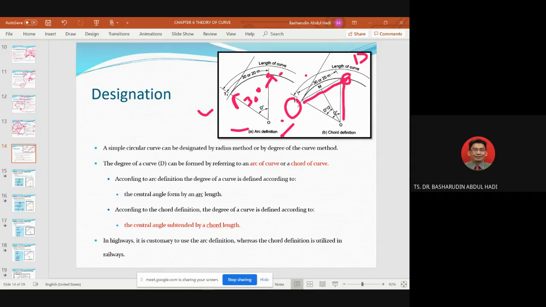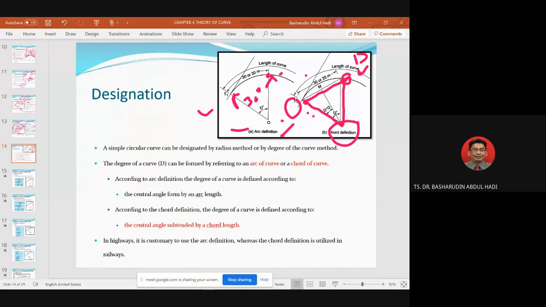And then we call it some measurement like this. So you can have chord length, meaning a straight line from point T1 to point D. So we call it chord definition.